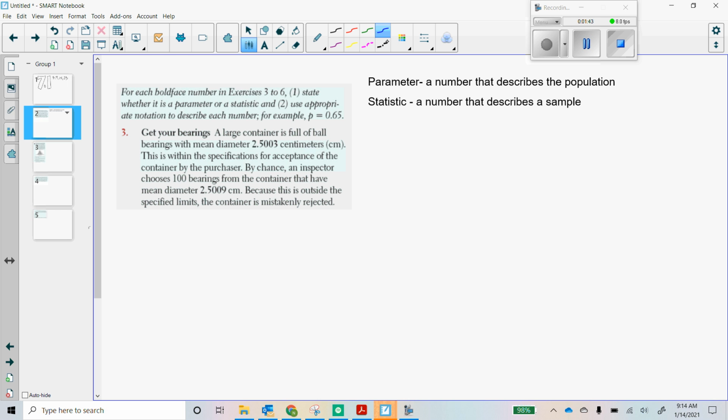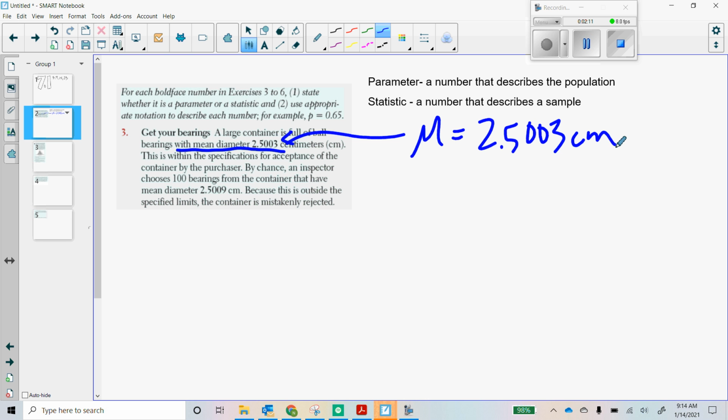So they're saying here at the very first sentence, a large container is full of ball bearings with a mean diameter of this. So they're straight up giving you the population mean here, where the population is all the ball bearings in this container, and it's mean, so I'm going to use a mu, and because it's a parameter, that's going to be the true mean, so I use a mu. So the mean is going to be 2.5003 centimeters.